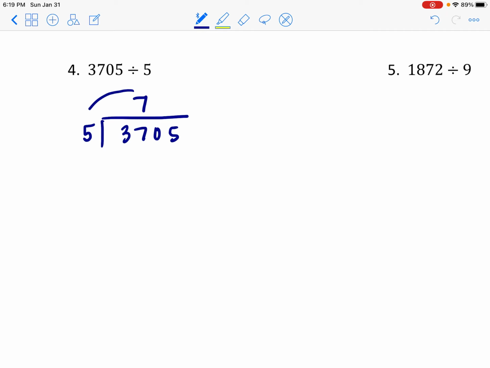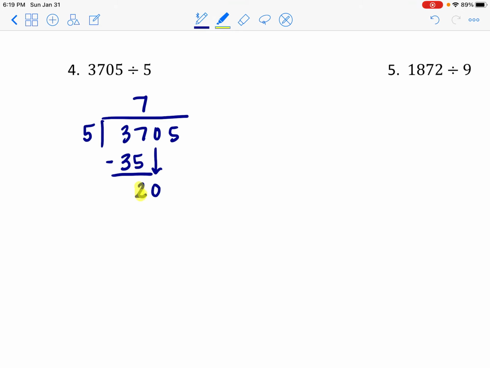And 7 times 5, we multiply here, is going to be 35. That's going to be subtracted from the 37, so I see what's left over, which is 2. So again, I divided here. I got 7. I multiplied here to get 35, and then I subtracted to get 2. Okay, so now I'm going to bring down my next digit, which is a 0, and repeat that process.